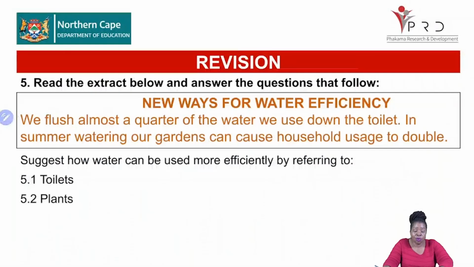In summer, watering our gardens can cause household usage to double. And the question says, suggest how water can be used more efficiently by referring to toilets, that's 5.1, and 5.2 by referring to plants. Right, can we answer 5.1 and 5.2? Then we can move on to the solutions.